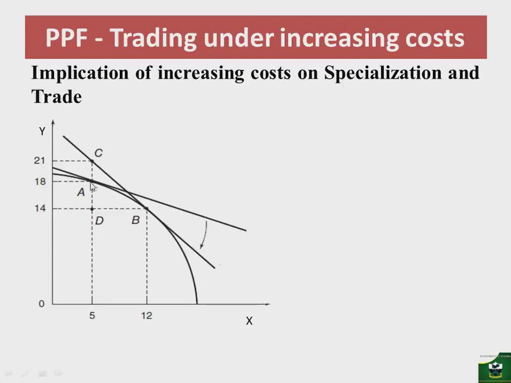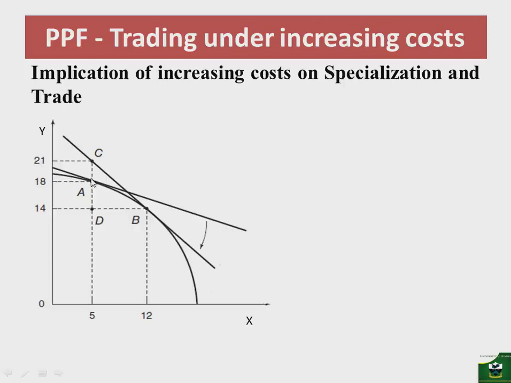In autarky, nation 1 is at point A, and at this point A, the nation is producing 5 of X and 18 of Y. Note also that this is the consumption point when the nation is in autarky, or in isolation.